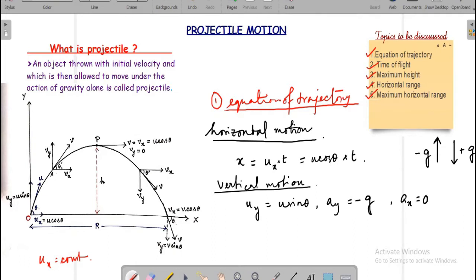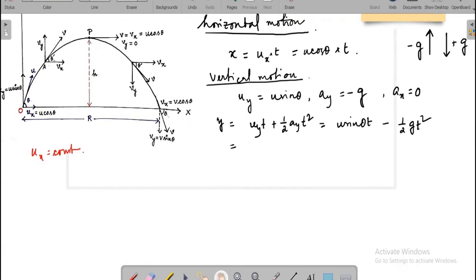Now, vertical distance covered in time t, y is equal to uy t plus half ay t square, which is equal to u sin theta t minus half g t square. Putting the value of t from here, it will become u sin theta into x by u cos theta minus half g into x by u cos theta whole square.